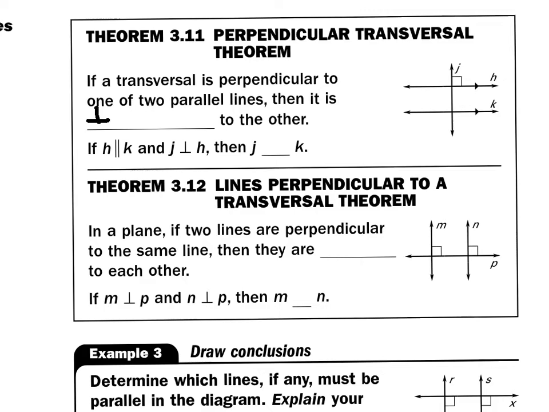If H is parallel to K and J is perpendicular to H, then J is also perpendicular to K. In a plane, if 2 lines are perpendicular to the same line, then they are parallel to each other. If M is perpendicular to P and N is perpendicular to P, then M is parallel to N.